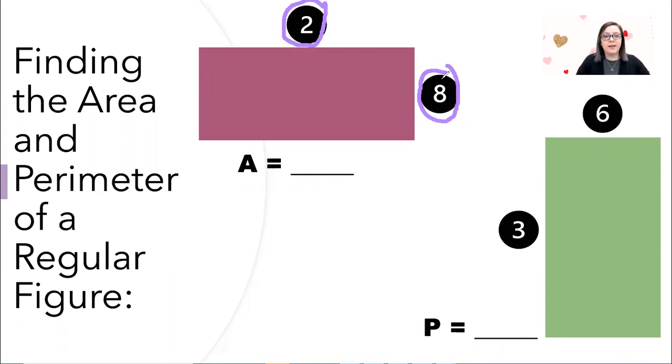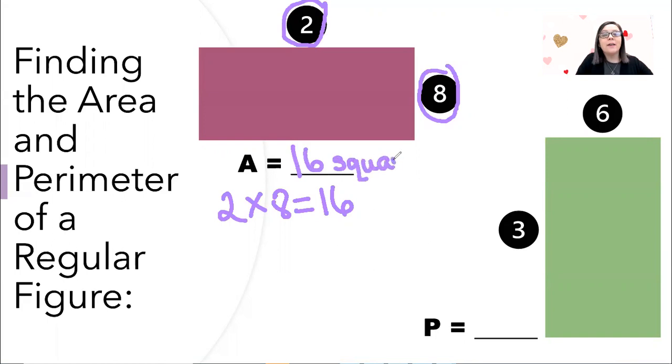So I'm going to multiply the length times the width, and that is going to give me 16. Very good. So the area of this purple figure is 16 square units.